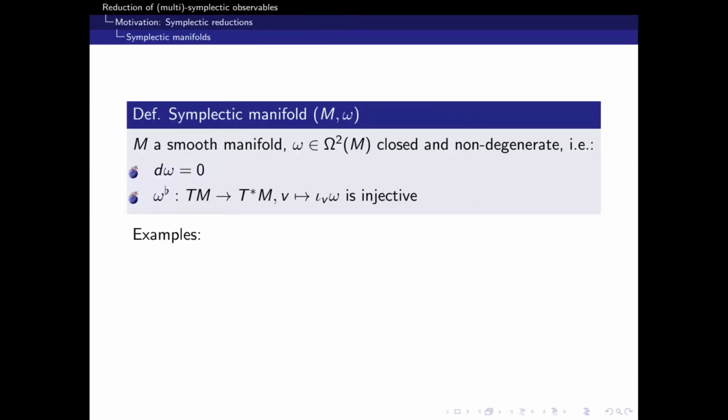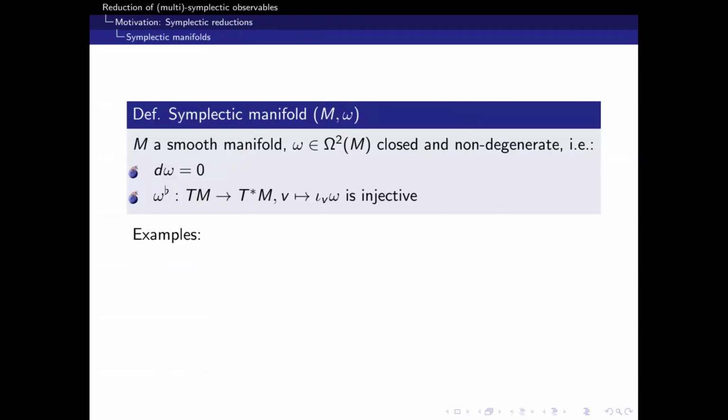Okay, so we'll start with a symplectic manifold. Everything, unless otherwise stated, will be smooth. We take a 2-form, which is closed and non-degenerate. If we are from a physical background, this will be, for example, a cotangent space or something similar, as a model of the phase space of a physical system.